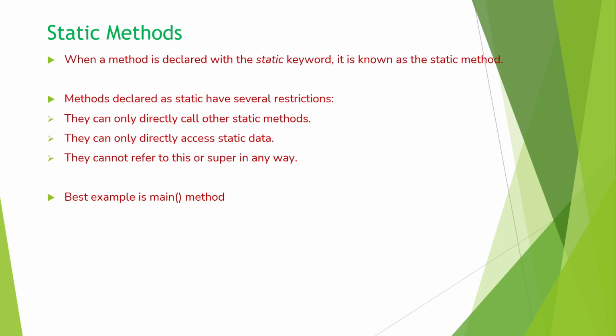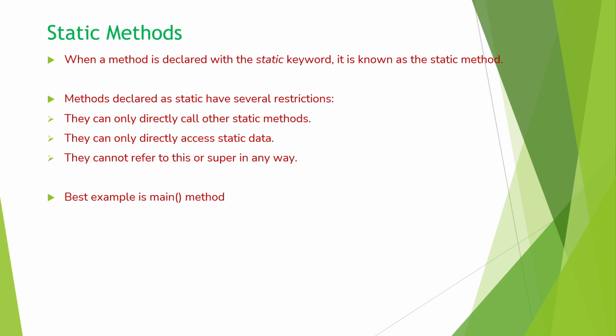Next is static methods. When a method is declared with the static keyword, it is known as a static method. Methods declared as static have several restrictions. They can only directly call other static methods. They can only directly access static data, so non-static data we cannot access in them. They cannot refer to this or super.